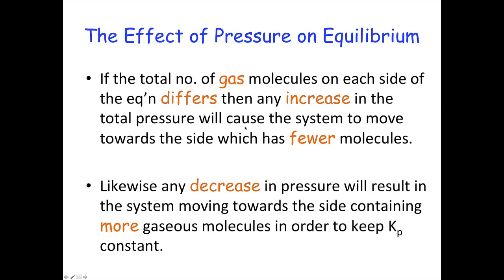So let's remember what the position of equilibrium will do. It will shift in a way to lower that pressure. So in other words, it's going to go to the side that has fewer gas molecules, because the side with the fewer gas molecules has a lower pressure. And if you understand that, then you can understand the second half, because it's basically the opposite they're looking at here.